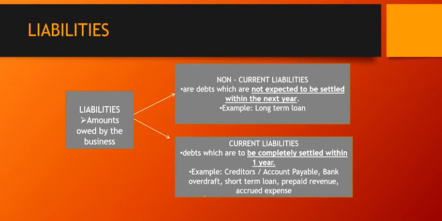And then current liabilities is a debt which are to be completely settled within 1 year. For example, creditors or account payable, bank overdraft, short-term loan, prepaid revenue, and accrued expense. So you akan tahulah maksud dan current liability with the example.